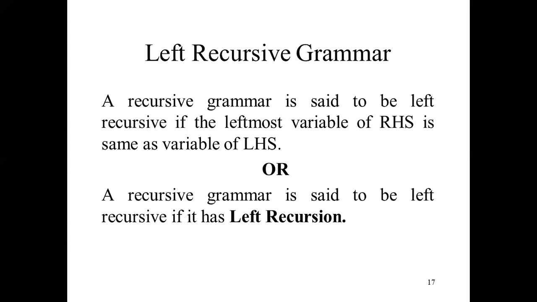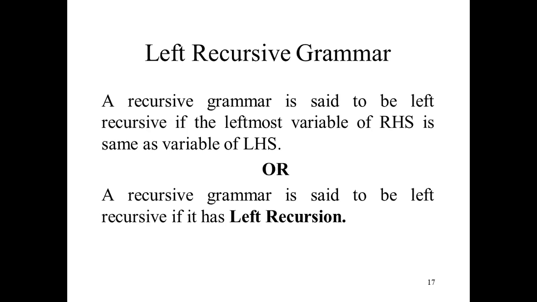So we will check both the sides here and choose the leftmost variable of right hand side, meaning just the starting of the right hand side. So at the starting of the right hand side, if we write some variable, and it is the same as the variable of left hand side, then it is called the left recursive grammar. For this we will also consider some examples on the next slides.